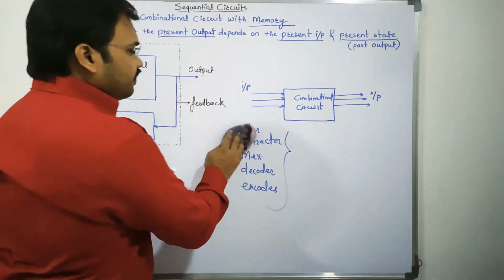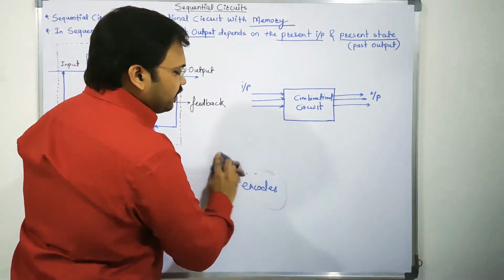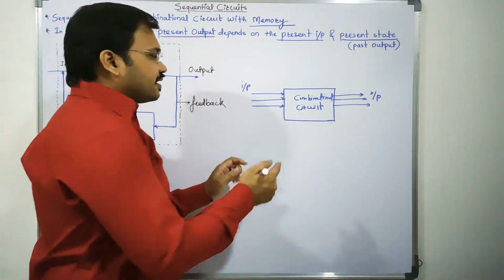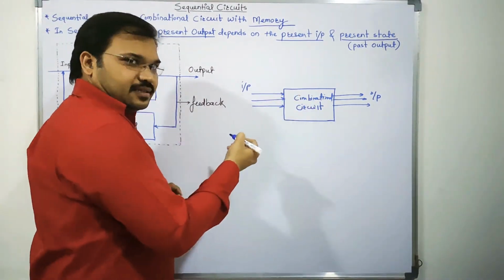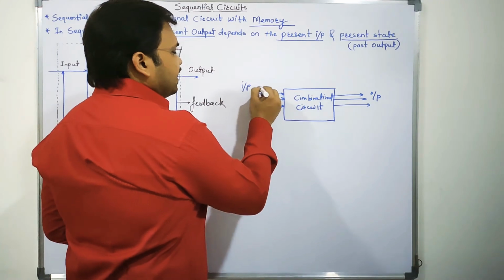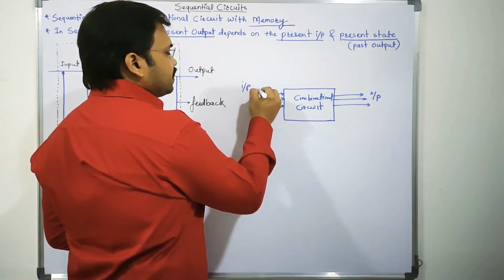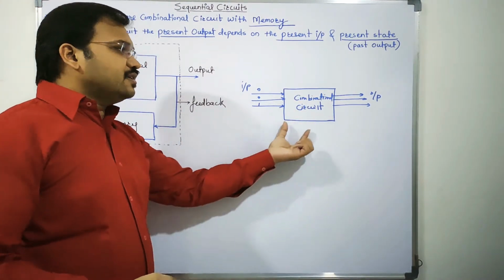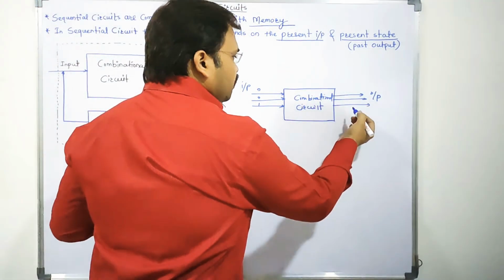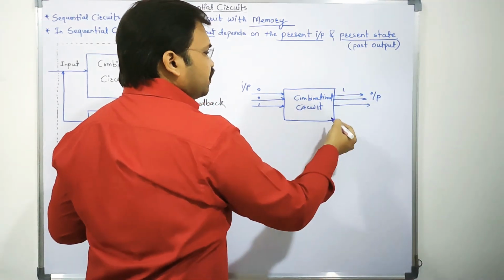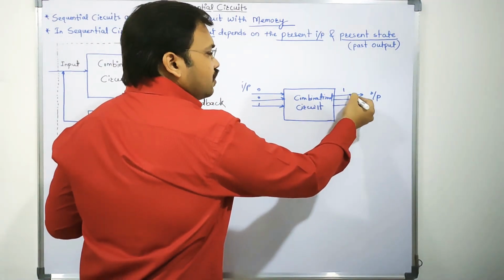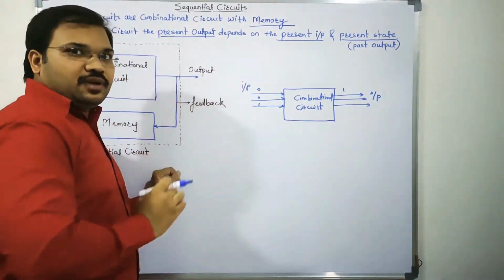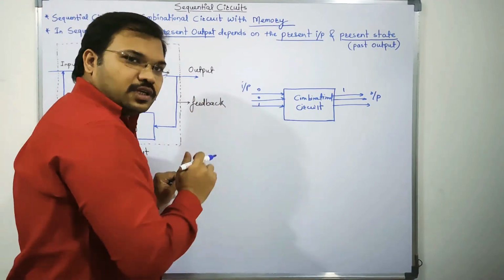By using these we can draw any combinational circuit. Suppose it is an adder: if you apply the input 0 0 1, and by using the combinational circuit we add, suppose the output we get is 1 0 0. That output depends on the input.